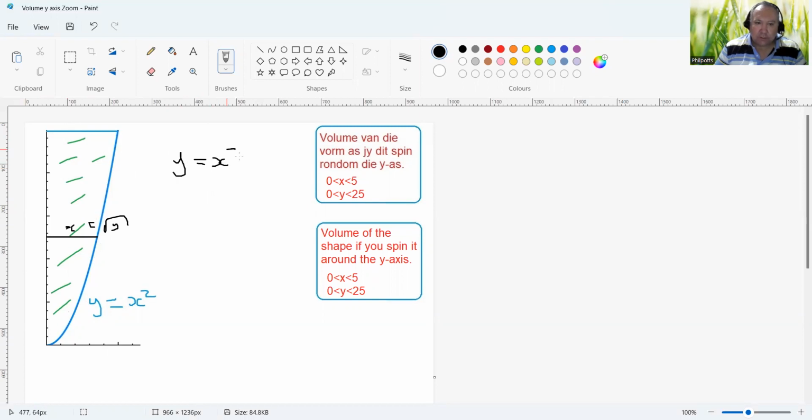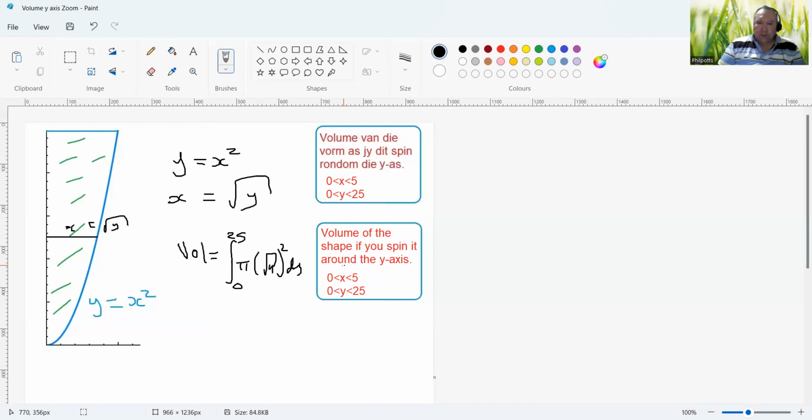We know y is equal to x squared, and because we're going to integrate over the y-axis, our x will be the distance, which will then be the square root of y, and our volume will be the integral from 0 to 25 of pi times the square root of y, squared, dy.